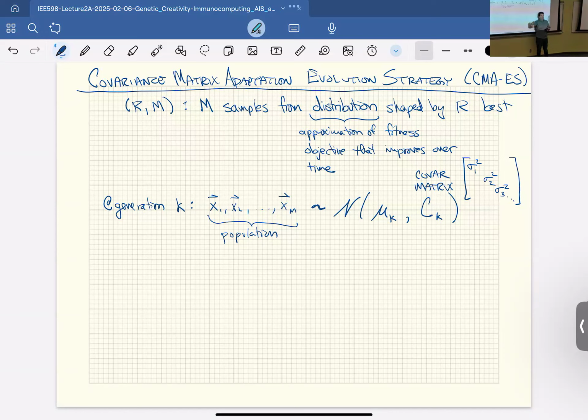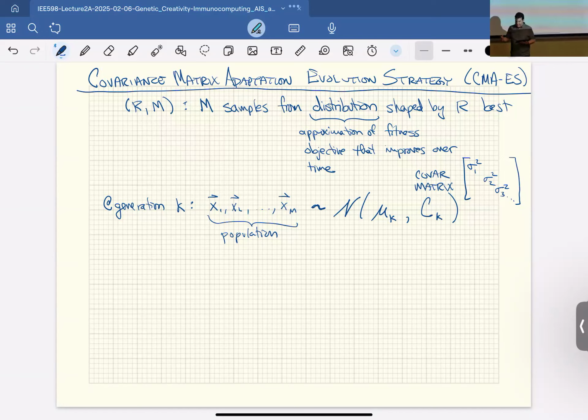They'll forget about the correlations between directions. But it's basically a normal distribution where you've got a vector of means and effectively a vector of variances, and then potential for all of these directions to interact with each other. So whenever I move in this direction, I move a little bit in that direction too. And so there's a covariance between these two directions, and that's what's captured in the off diagonals of a so-called covariance matrix. So these two quantities end up getting updated each time.